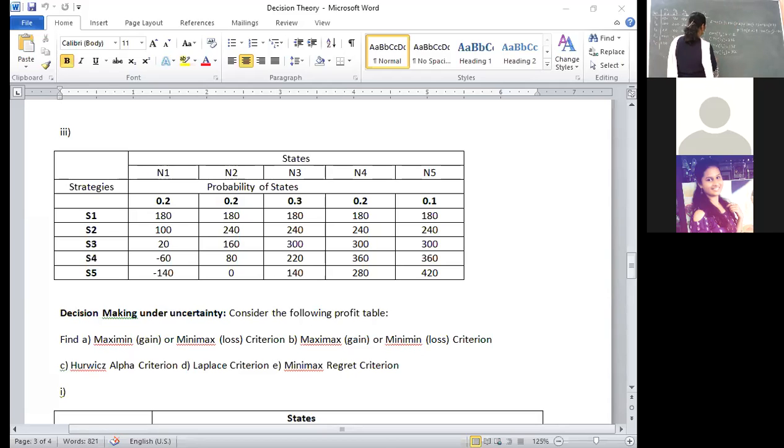Ma'am, it is 288. EVPI value 288. How to calculate EVPI? Very good.